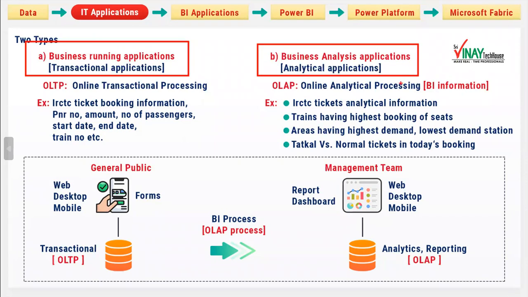You have chosen a path to move into business analysis. You are never involved in business running. You participate in organizational growth by providing analytical data. After learning this course, you will be in a position to provide analytical data to the organization so that they can take effective, appropriate decisions.